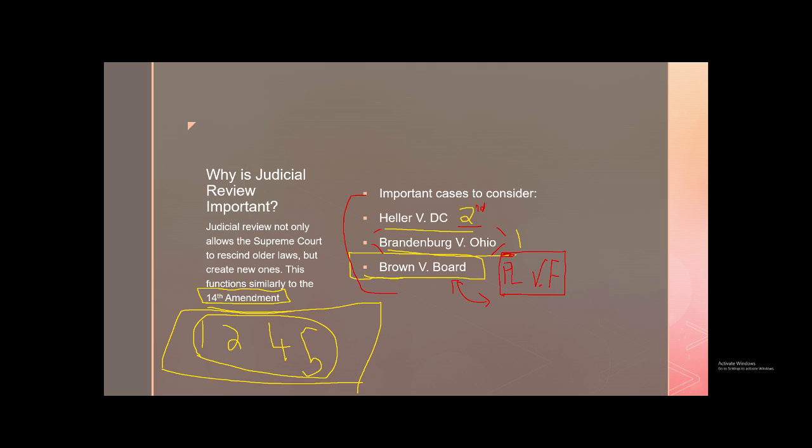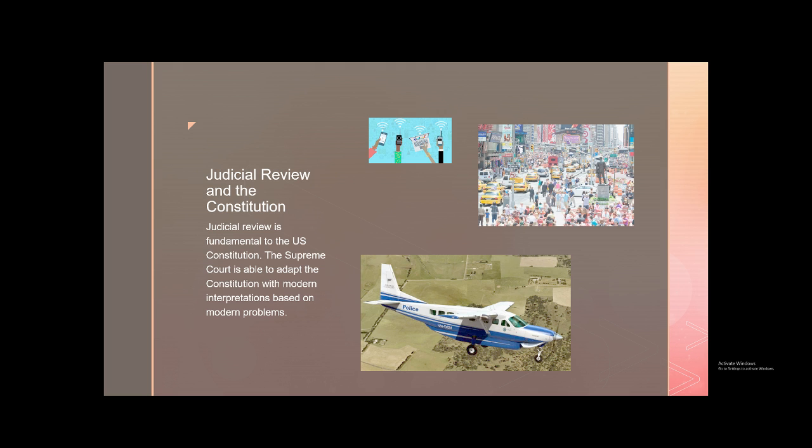Brown v. Board is a little bit more significant in terms of legally, because it overturned not just laws, but other Supreme Court decisions. And what's really important here is the judicial review is really fundamental to the Constitution. Now, the Constitution was deliberately written to be sort of vague. Not vague, but non-specific, which is a synonym for vague.